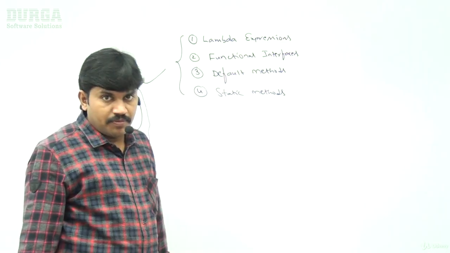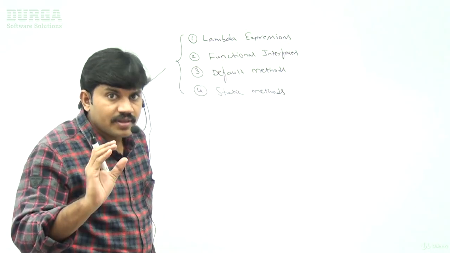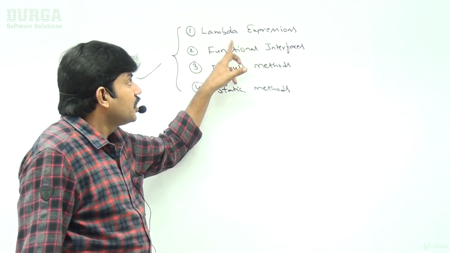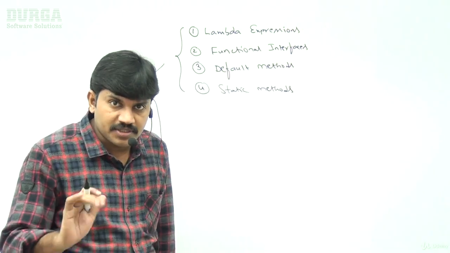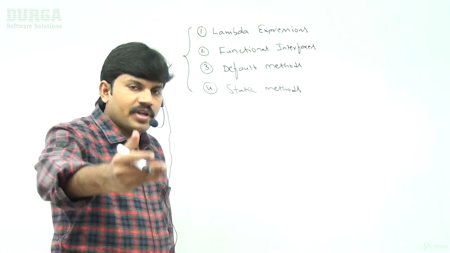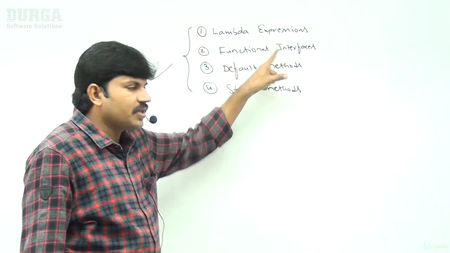So lambda expressions, the method which does not have any name, an anonymous function, is by default considered a lambda expression. Once I write a lambda expression, to call it, we went for functional interfaces.